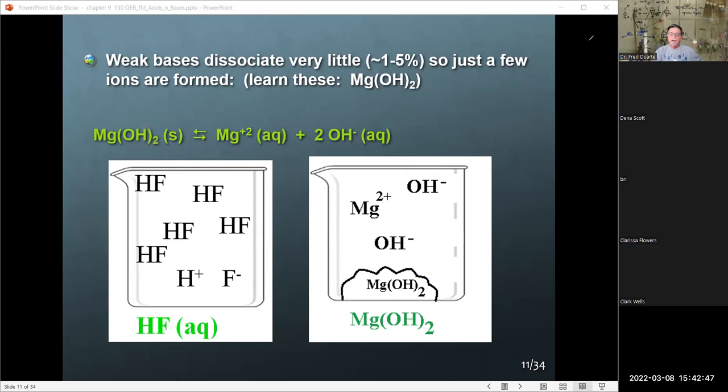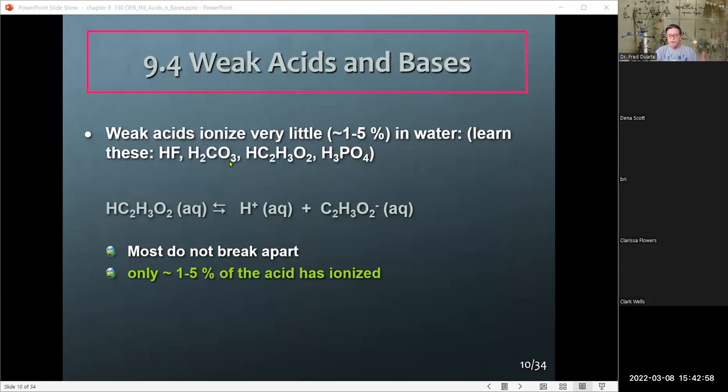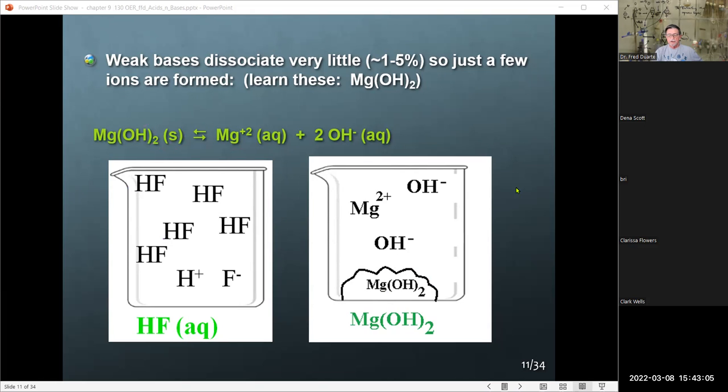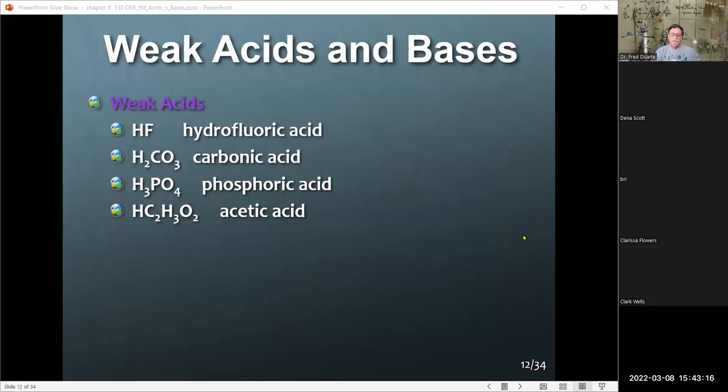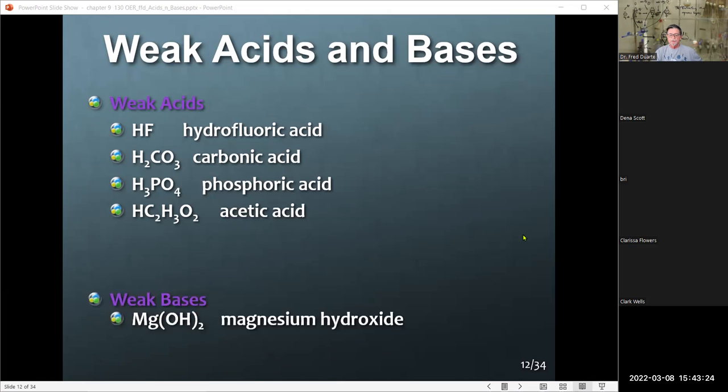Okay. All right. So this is how we show graphically on the left a weak acid, in this case hydrofluoric acid, but we could have used any of the other ones: carbonic acid, acetic acid, and phosphoric acid. And then on the right is how we depict any insoluble weak base, in this case magnesium hydroxide. So here are the weak acids: hydrofluoric acid, carbonic acid, phosphoric acid, and good old-fashioned vinegar.